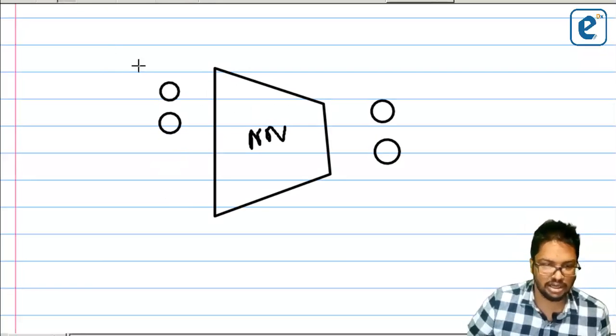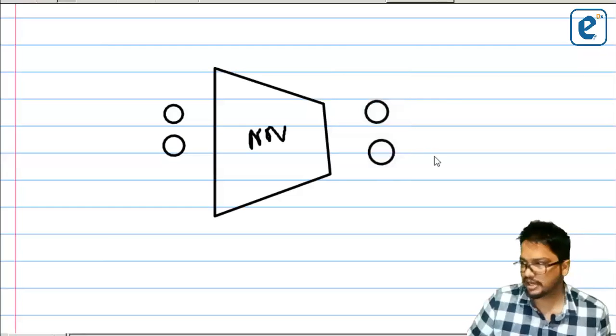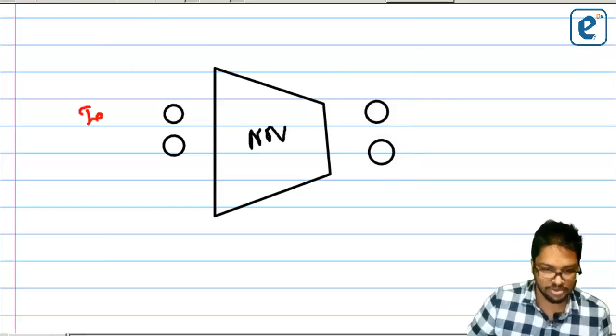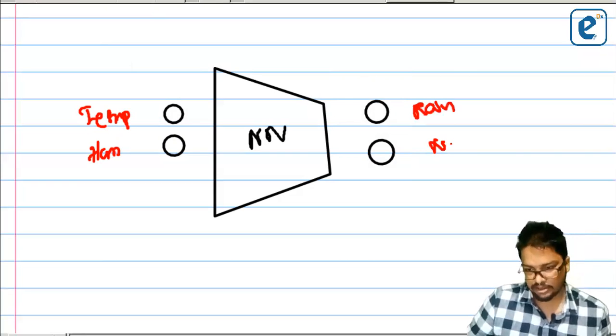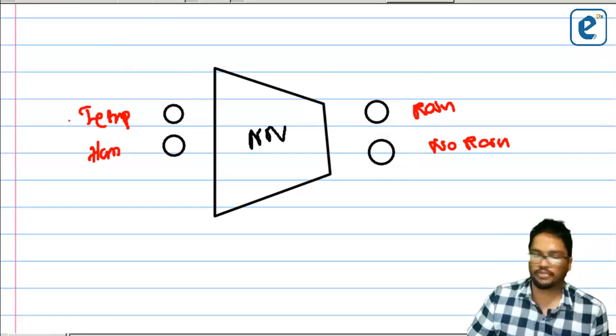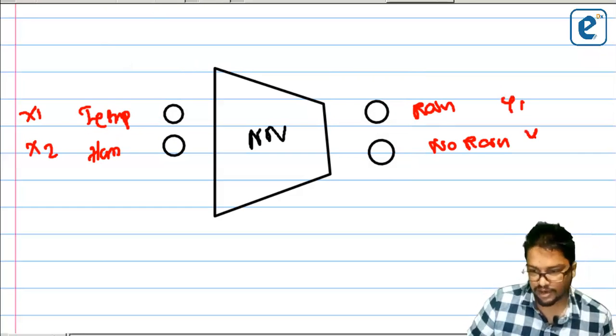For our simple problem, let's say we take the temperature and the humidity as inputs, and rain or no rain as outputs. So let's say x1, x2, y1 and y2.